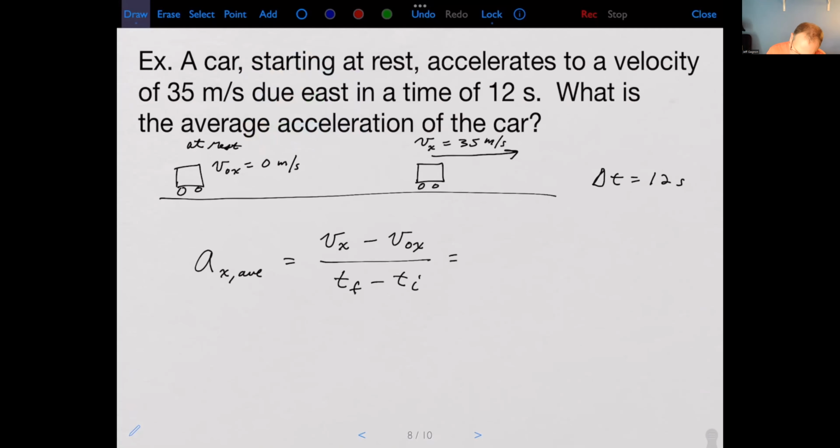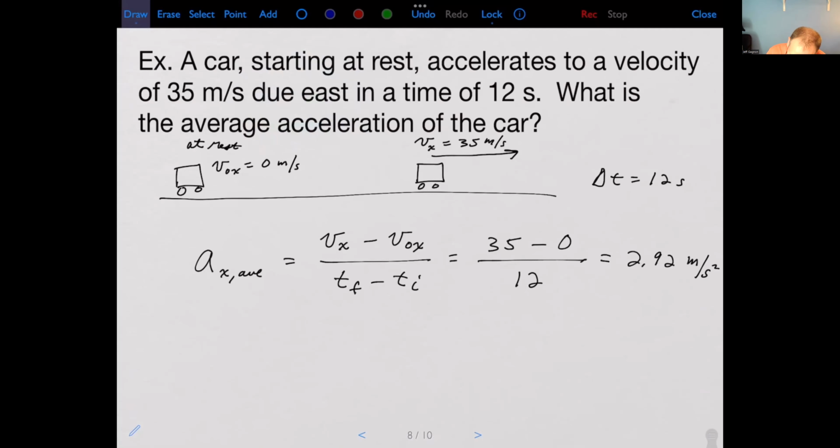So the final velocity is positive 35 because it's moving to the right, minus the initial velocity, which is 0. And then t final minus t initial is my delta t, that's 12. So in this case, this is going to be 2.92 meters per second squared. So that's my acceleration.